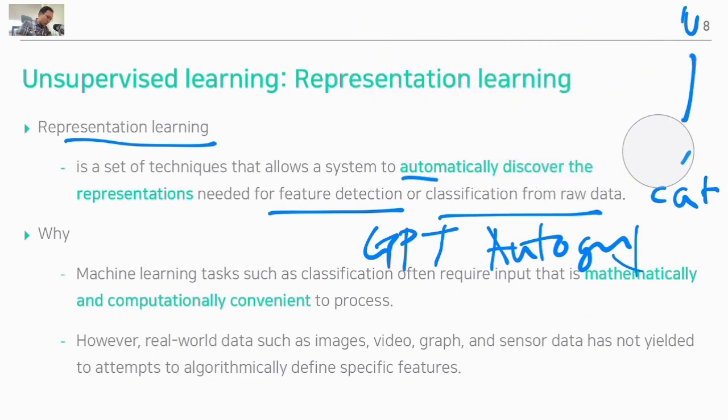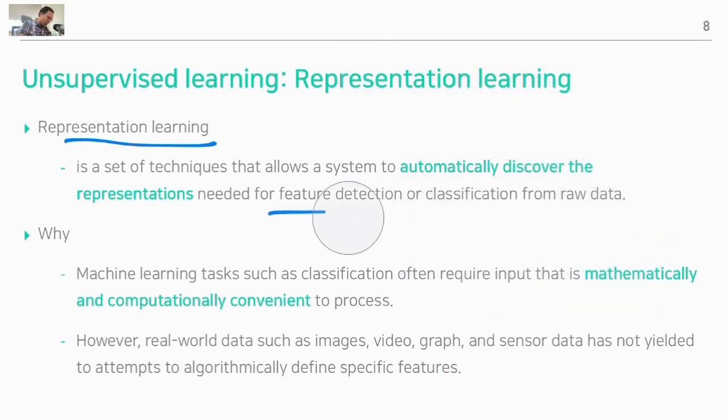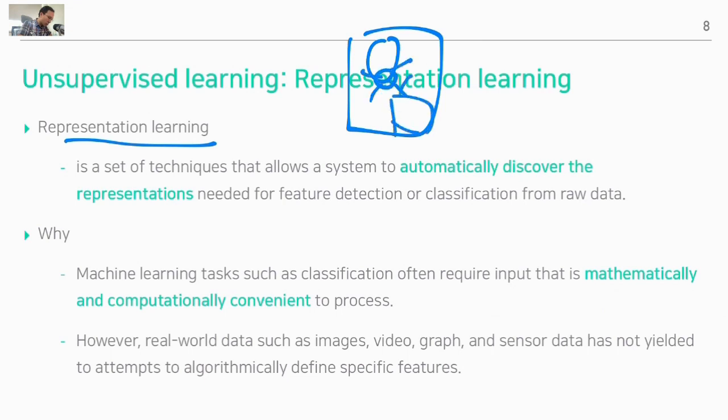Before we had representation learning, we needed to pick the relevant features manually. So we use an image data set. We have a cat, some house here.